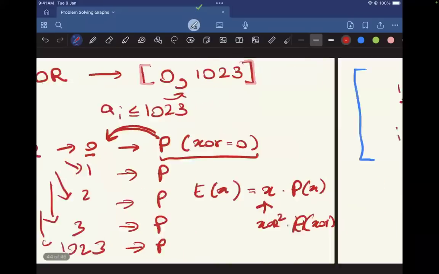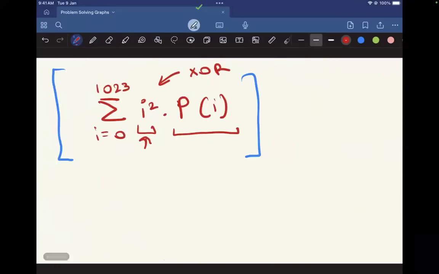So can I say that for each XOR, if I'm able to calculate the probability of getting that XOR, then the summation of I squared into P of I for all possible XORs is basically my answer, yes or no, guys? Because the XORs lie in range 0 to 1023.